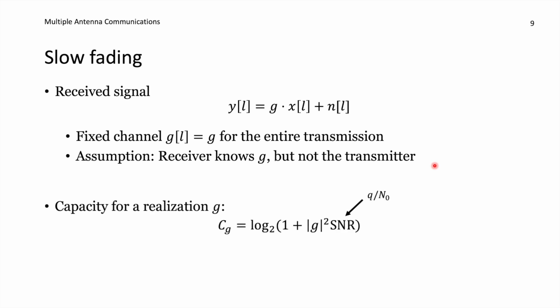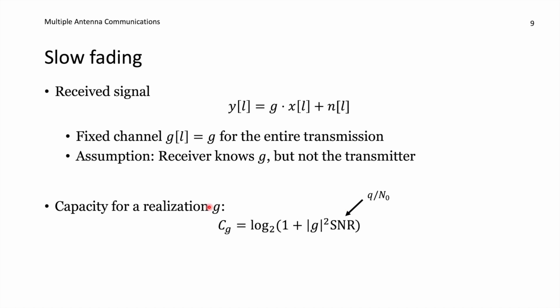For a given channel realization g, we know that the capacity, which I will now write as C_g, is log2(1 + |g|^2 SNR), where SNR is Q divided by N naught, but we will write it as SNR in this lecture just to keep it simple.